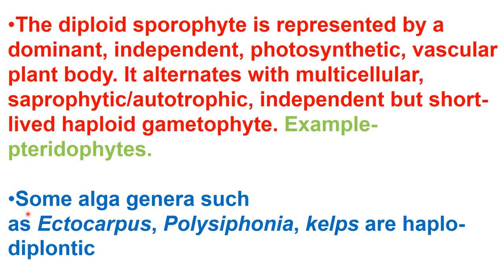Now, some algal genera such as Ectocarpus, Polysiphonia and Kelps are haplodiplontic. Otherwise, most of the algae represent the haplontic type of life cycle, but here these are exceptions. So these algae represent the haplodiplontic life cycle.